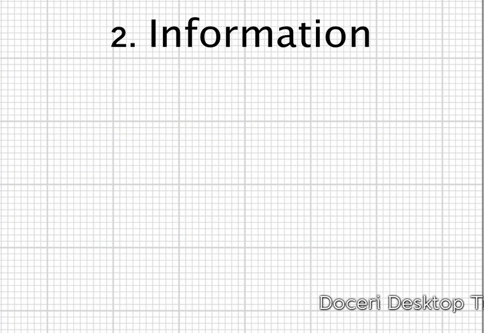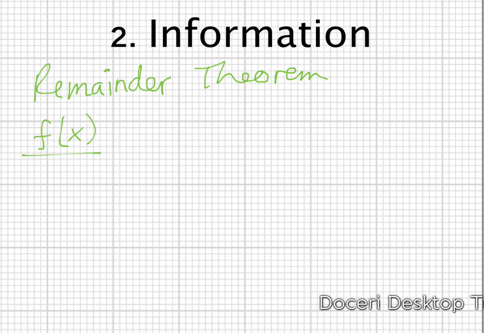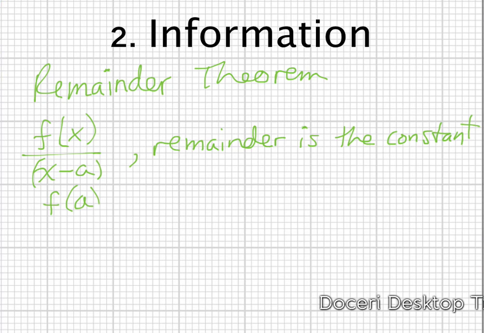So the remainder theorem basically says if I have a polynomial divided by x minus a, so if f of x is divided by x minus a, okay, then the remainder is a constant, or is the constant, f of a.